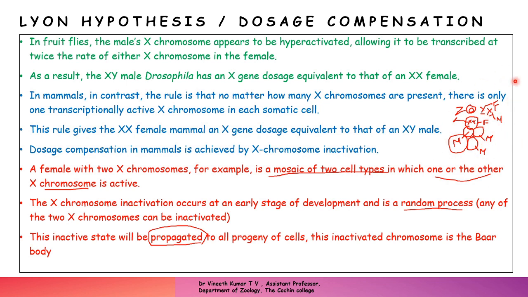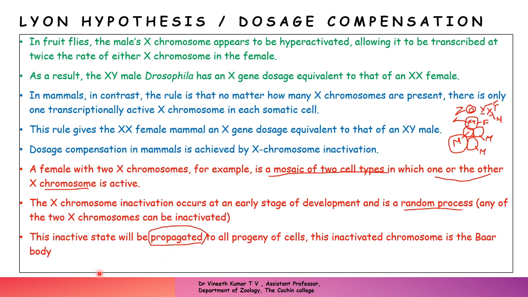So a female with two X chromosomes is a mosaic of two cell types in which one or the other X chromosome is active. X chromosome inactivation occurs at an early stage of development and is a random process, which means any of the two X chromosomes can be inactivated.